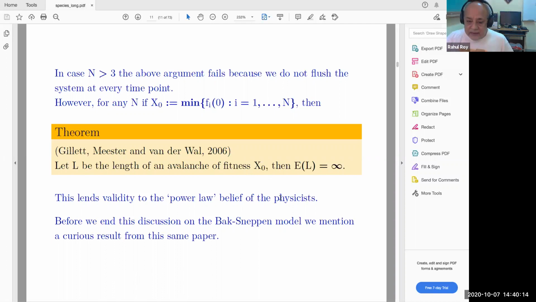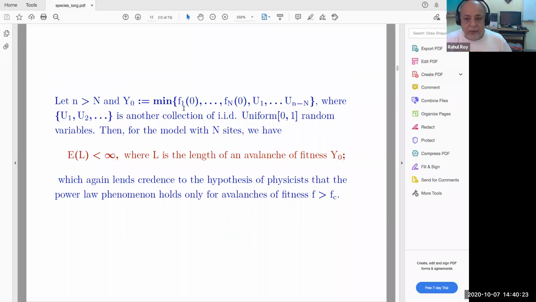But before we end this discussion on the Bak-Sneppen model, let me mention a curious result from the same paper. At time 0, you have your n species with their given fitness. Suppose you add an extra few uniform random variables and call the minimum of this y0.